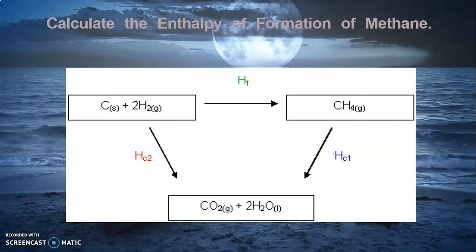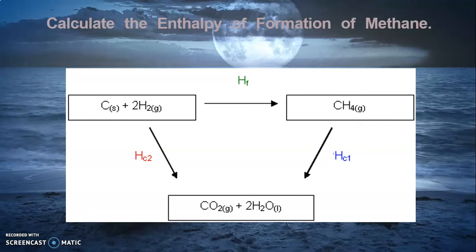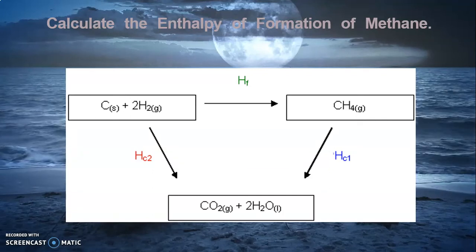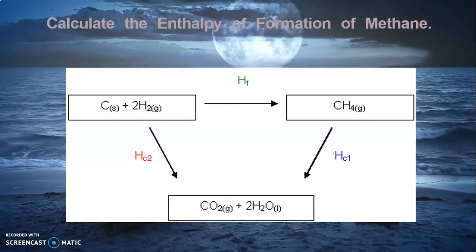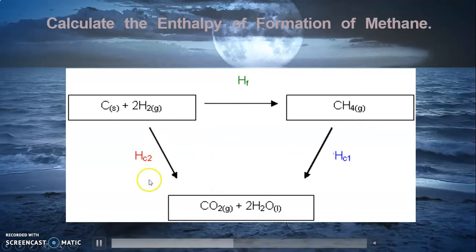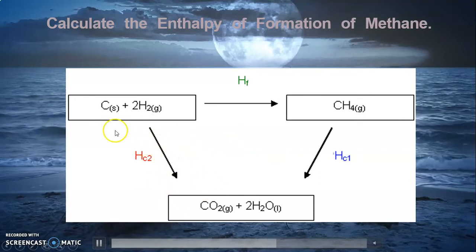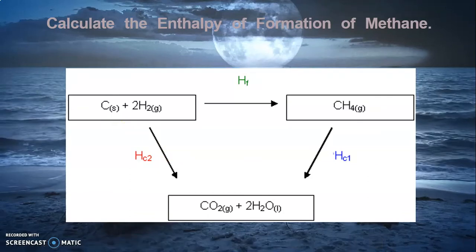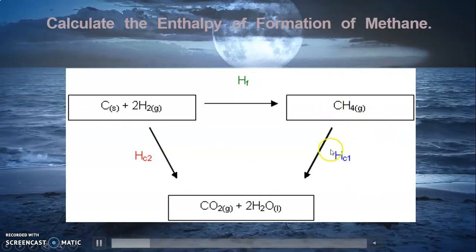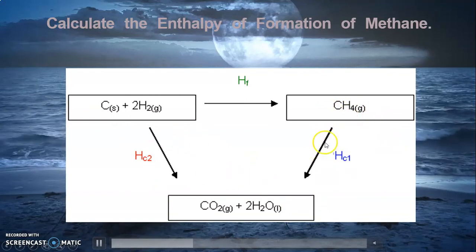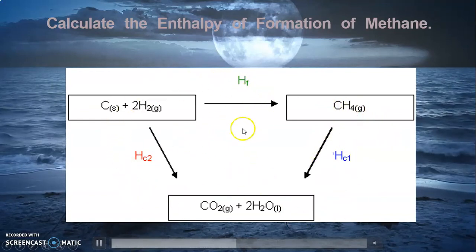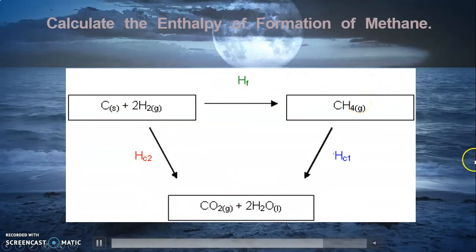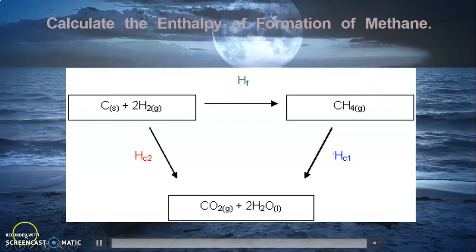So these two data you can find, and you can also get the enthalpy of combustion of methane. If you can find these three data, the enthalpy of combustion of carbon, of hydrogen, and of methane, you should be able to calculate delta HF of methane. Please work it out and tell me the answer.